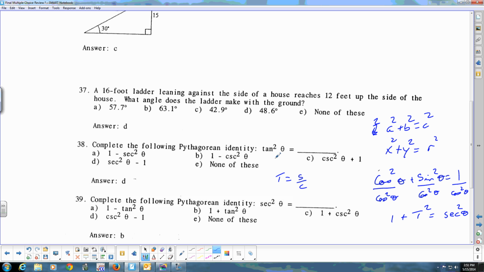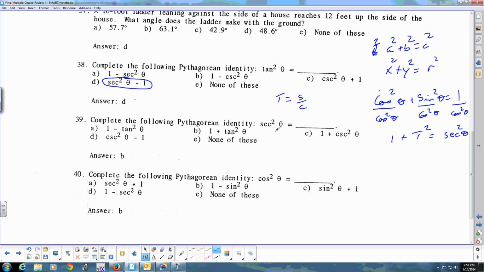I need to solve for tangent squared, so subtract the 1, and there it is, secant squared minus 1. Secant squared, you go back to cosine squared plus sine squared is equal to 1. I want secant squared, which is 1 over cosine squared, so that's telling you you need to divide by cosine squared.